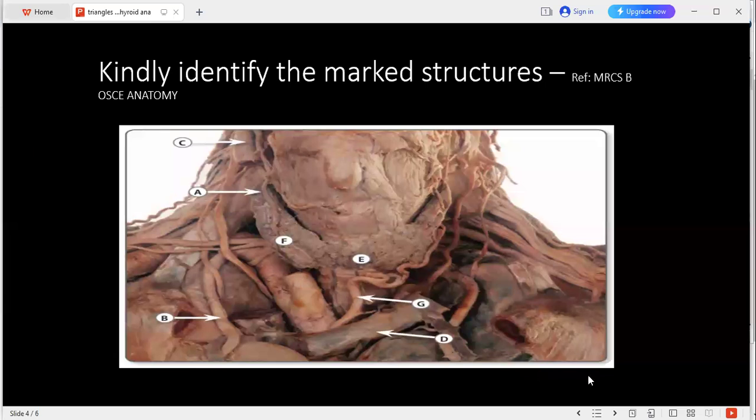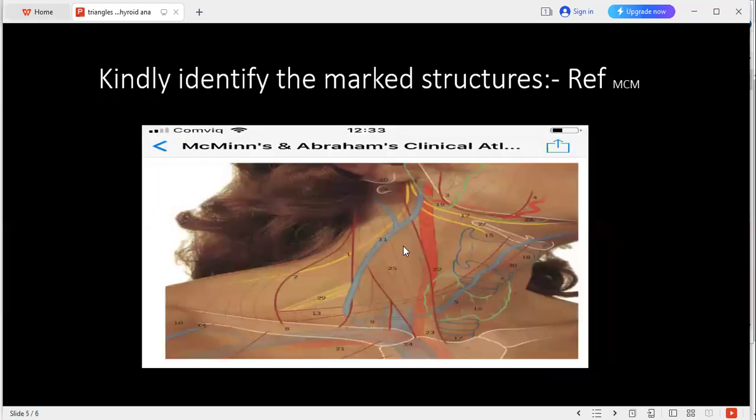Can you identify number 11? This is the external jugular vein. How is it formed? Can you tell me the anatomical landmark of it? It is present in the posterior triangle.